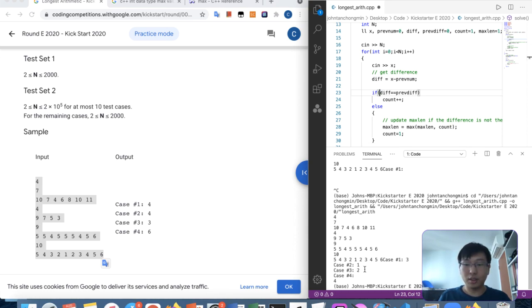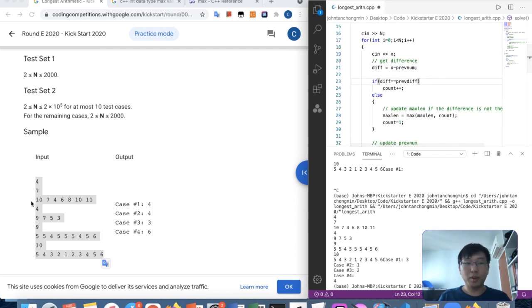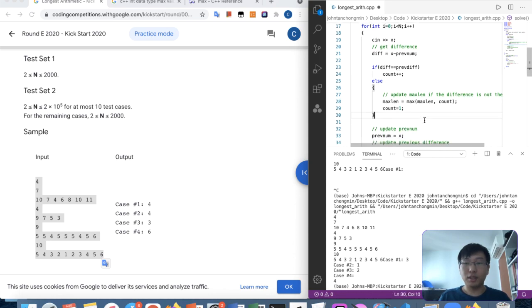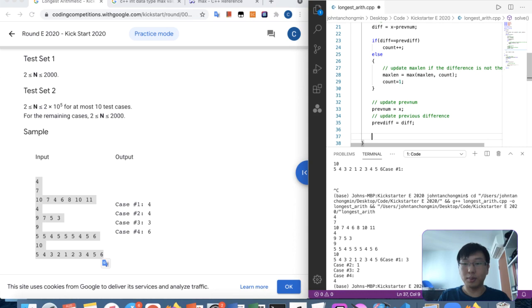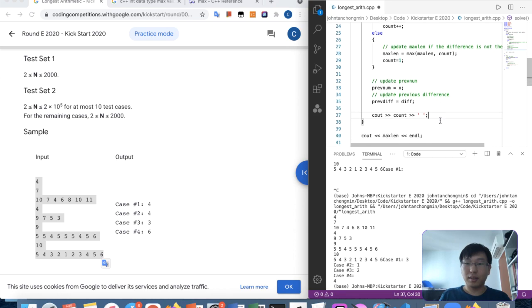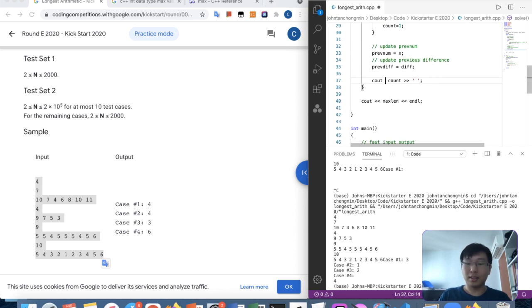Over here this is 3, this is 1, 2. Maybe we just print out the count so far so that I can see how it is, what's going on.